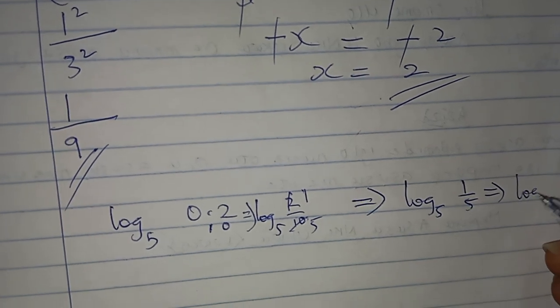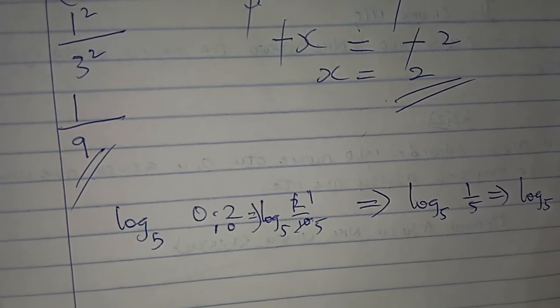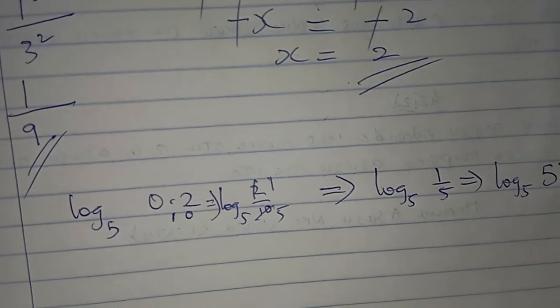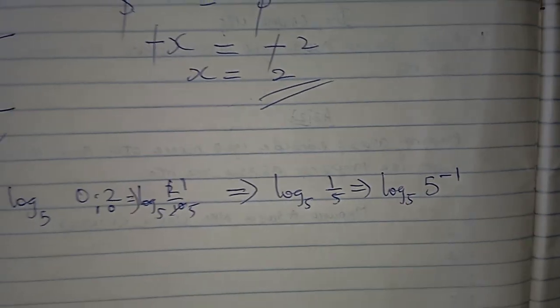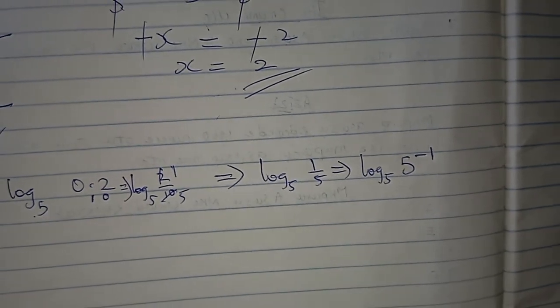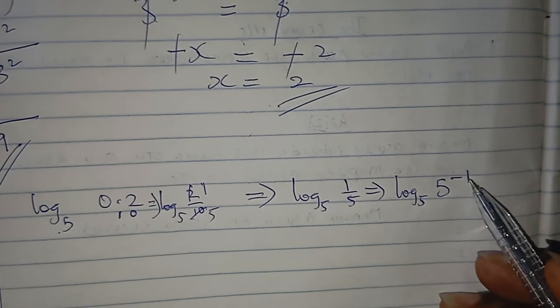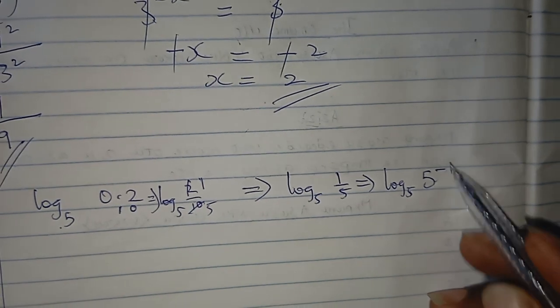So this is log 5 raised to power minus 1 to base 5. So this is what I have, this whole expression first, before I start applying knowledge of logarithm. So what do I add to this base in order to get 5 raised to power minus 1?